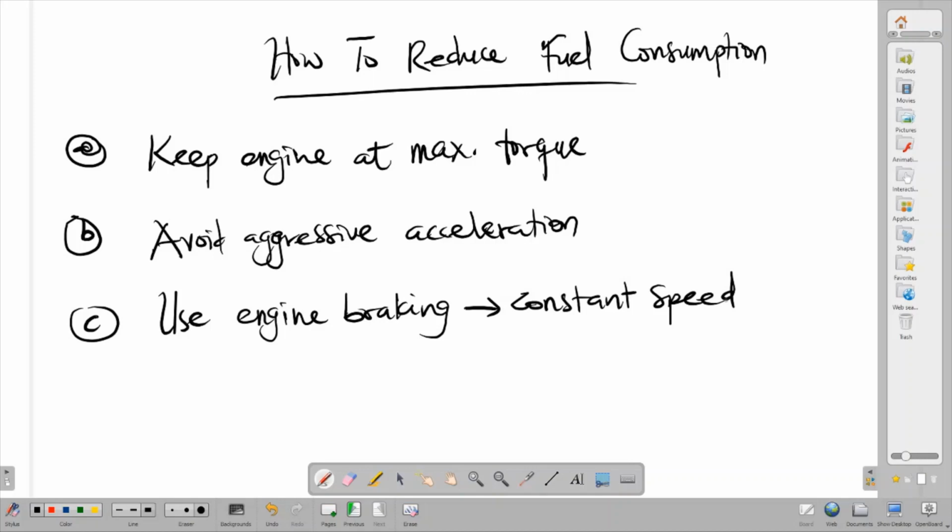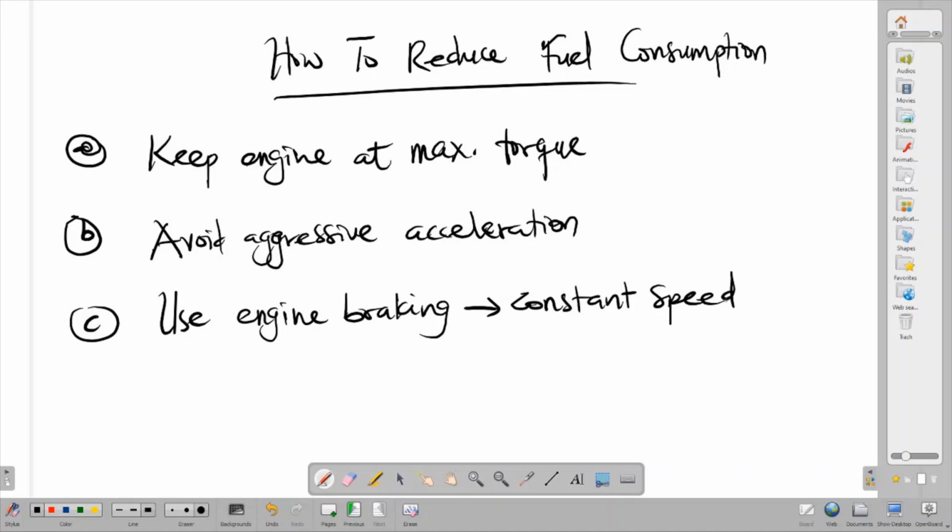So the speed of the vehicle tends to be higher than the speed of the engine. When it happens this way, the engine's compression will now be used as a braking effect on the vehicle.